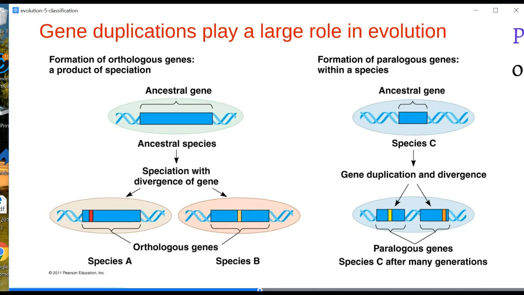One thing that you should note is that gene duplications play a large role in evolution. And so what happens sometimes is you might accidentally get a gene duplication in an organism's DNA. We'll go over how those mistakes might happen whenever we discuss DNA replication.